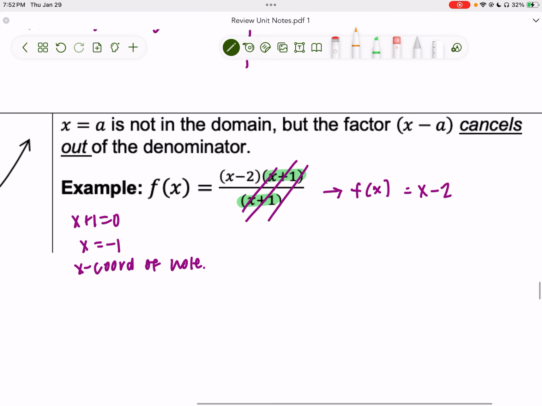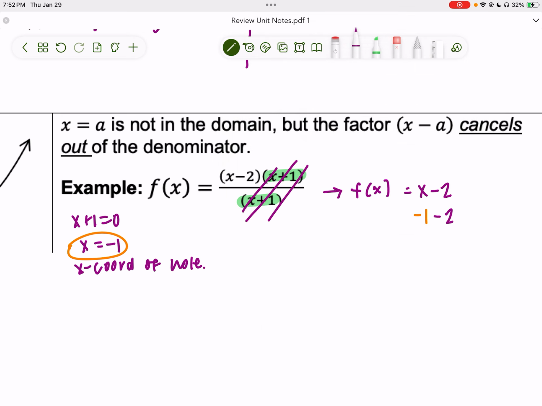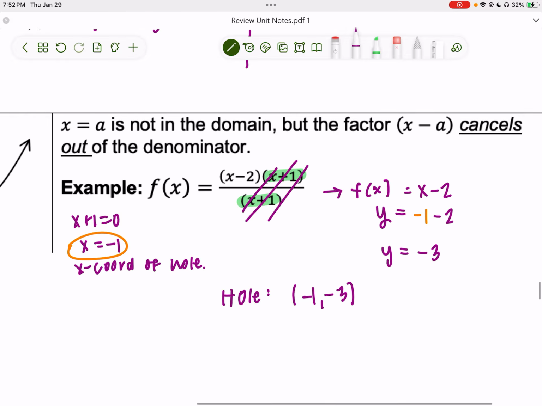However, you still need to account for the fact that there is a gap when x is equal to negative 1. So if you plug in negative 1, you can find the hole. This gives you a y value of negative 3. So the hole is going to be at negative 1, negative 3.